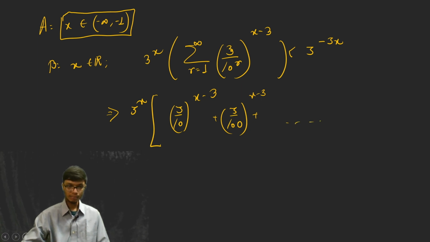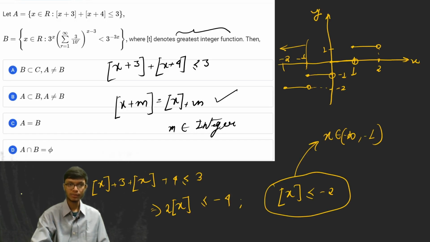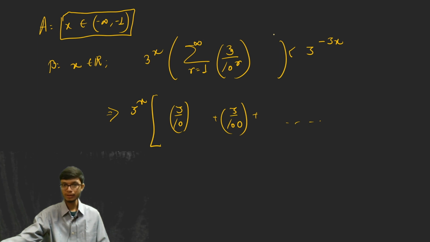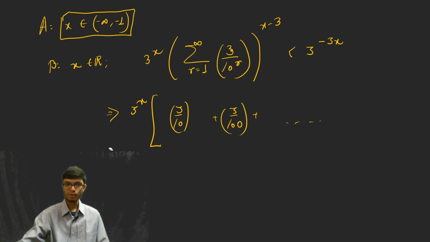But I made a mistake, I guess, because this x minus 3 is not over here. It is basically outside the bracket. If you first compute the summation and then raise it to the power x minus 3, that is the result which is framed in the problem.